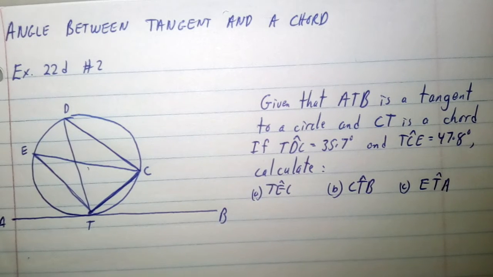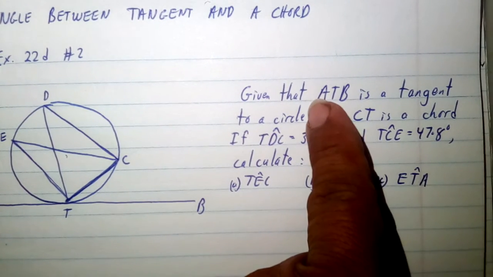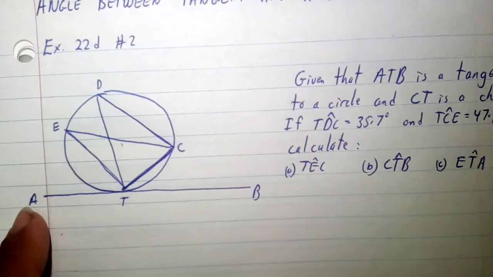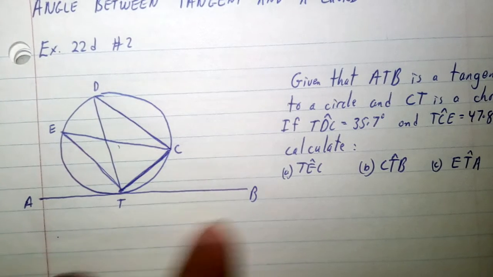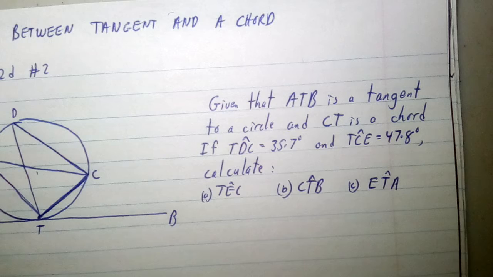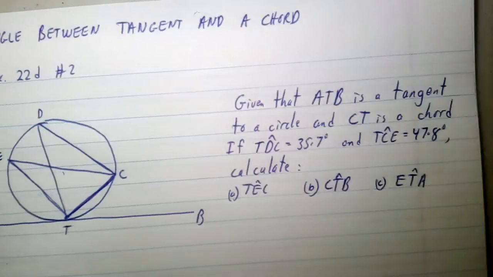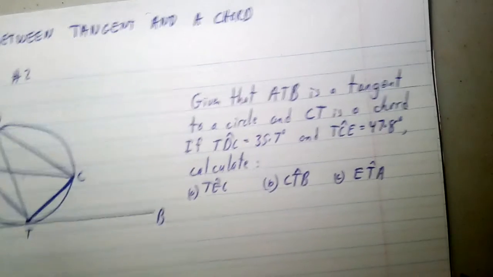Now this problem is stated by saying, given that ATB, A which is on this side, T, B here, ATB is the tangent to a circle, and CT, that's CT here, is the chord.